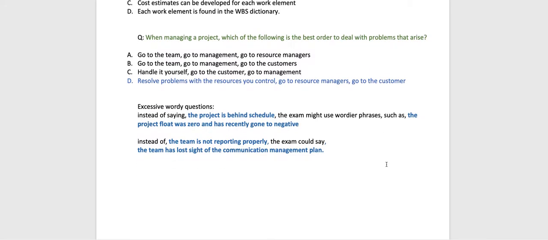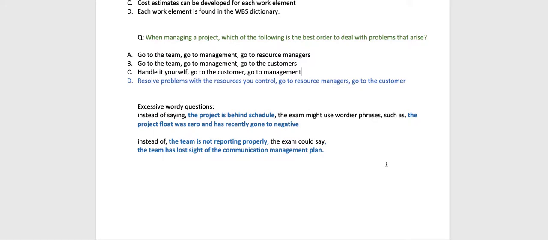So the next thing I would like to explain to you. In the exam, you might see excessively wordy questions. Instead of saying the project is behind, the exam might phrase this: the project float was 0 and has recently gone negative. It means the project is behind schedule.